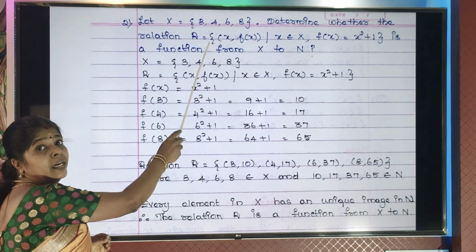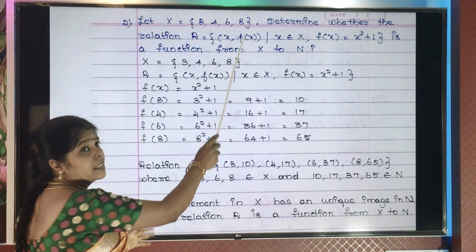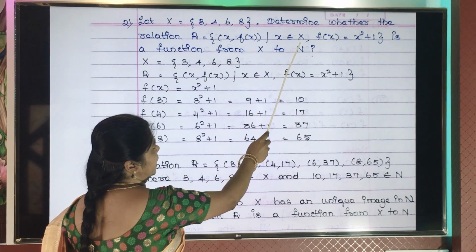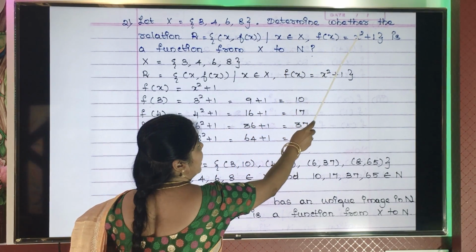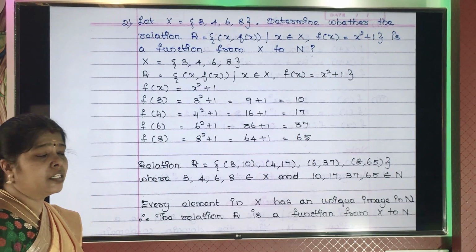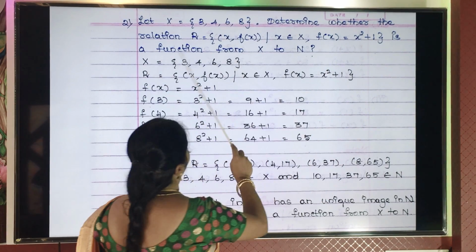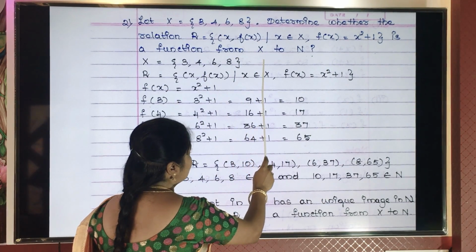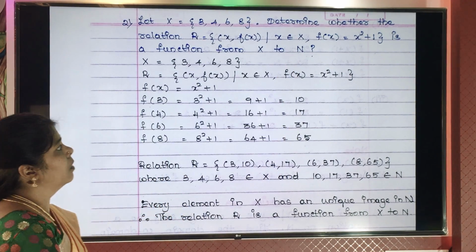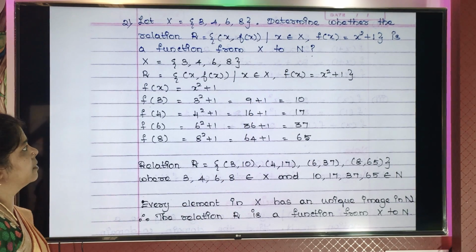What is that relation? x, f of x. x is the input and f of x is the output, such that x belongs to set X and f of x, they have given a rule. What is that rule? f of x equals x squared plus 1 is a function from X to N. Here, N denotes natural numbers.